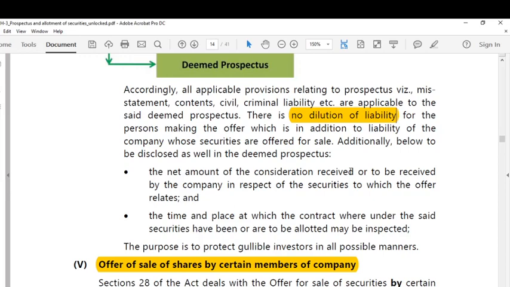If the person is involved, he is liable for an imprisonment up to 3 years or a fine up to rupees 3 lakhs, minimum is 50,000, or sometimes imprisonment and fine both also can be awarded by the court. Here no dilution of liability. The contravention of the prospectus provisions is equally applicable to the deemed prospectus also.